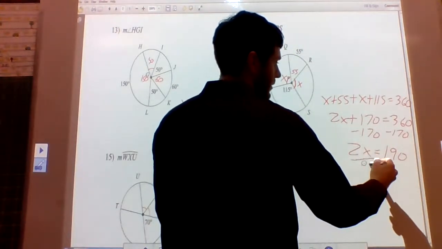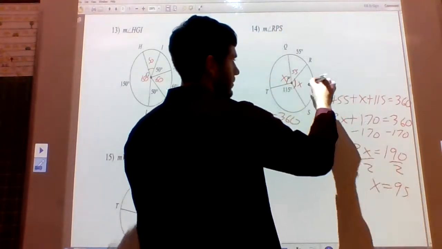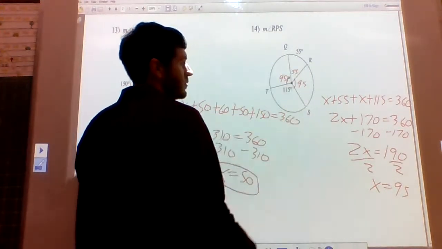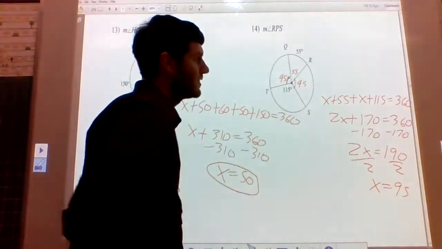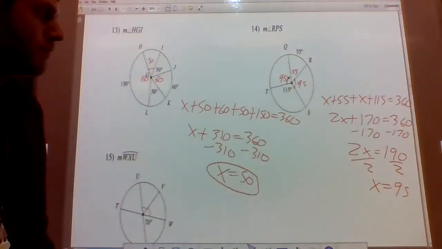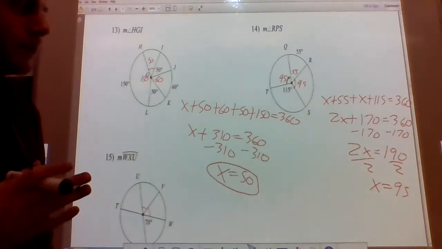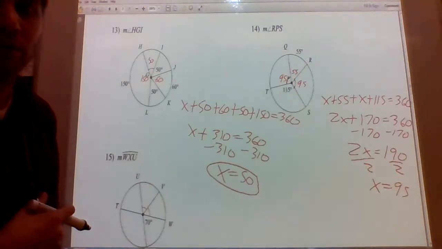Okay, divide both sides by 2, x equals 95. So these two angles are both 95. The simpler way we could have done it is 55 plus 115 is 170, 360 minus 170, and then divide by 2, which is essentially what we did, but we don't really have to write it out if we don't need to or want to.